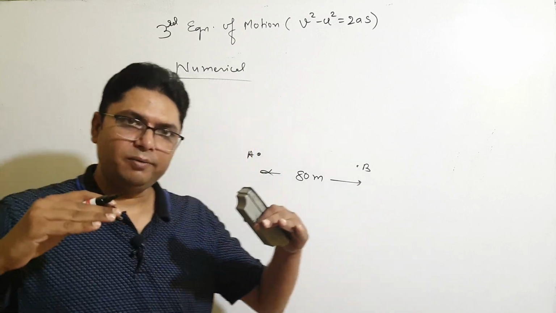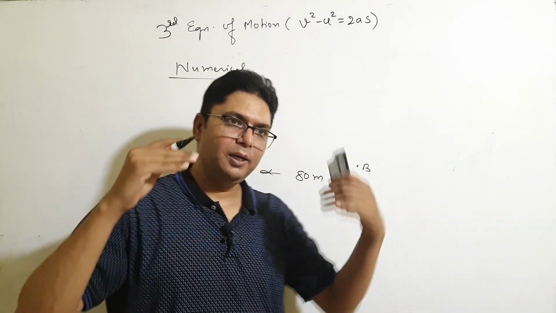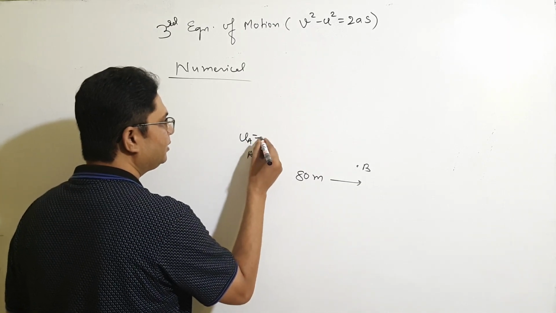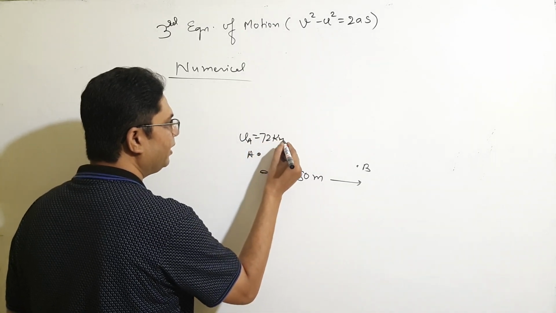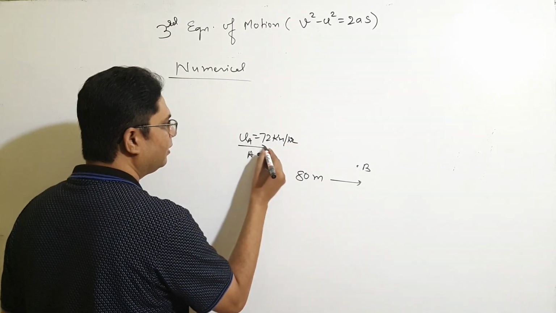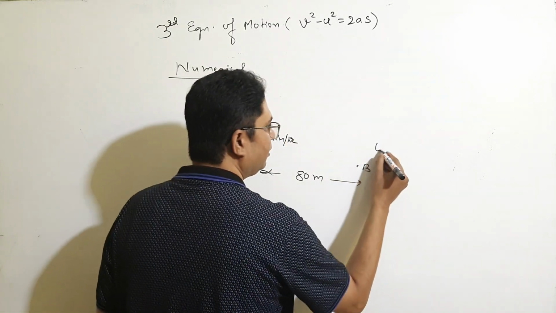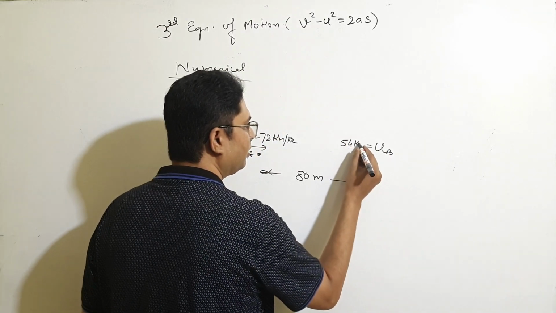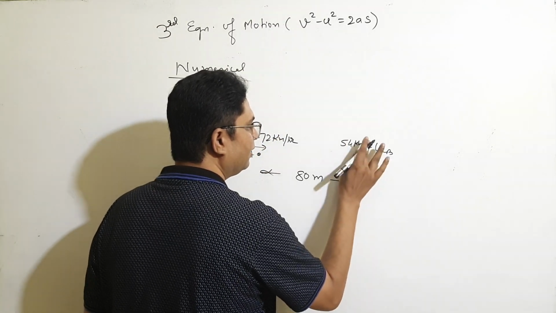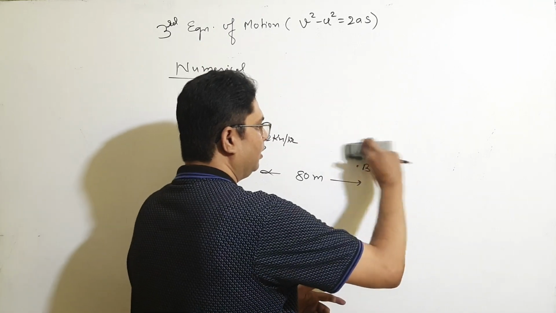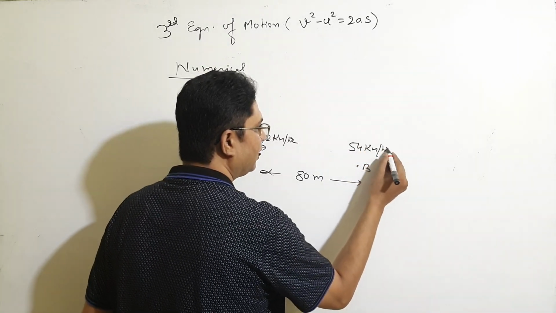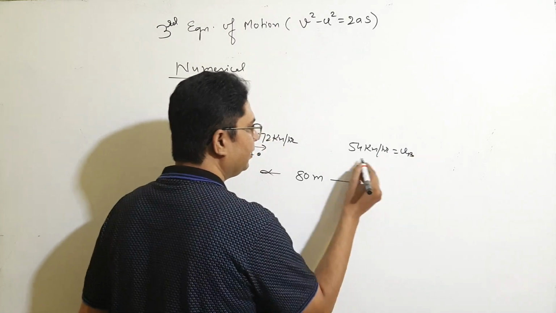Two cars are coming from A and B. From A, this is UA with speed 72 km per hour, and this is car UB with speed 54 km per hour.